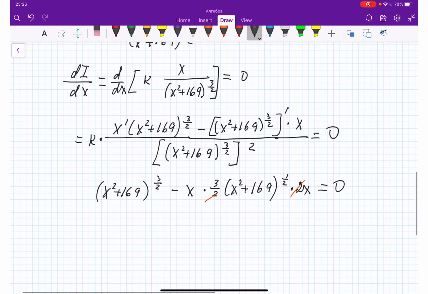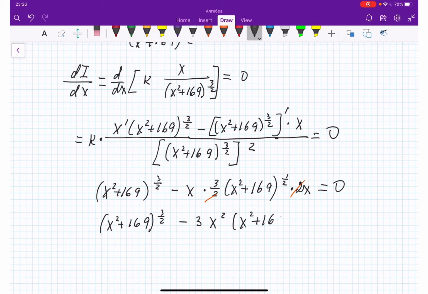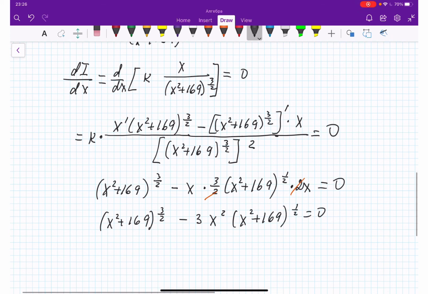Continuing simplification of this derivative. So it's going to be, let me see, x squared plus 169 to power 3 over 2 minus 3x squared plus 169 to power 1/2 is equal 0.